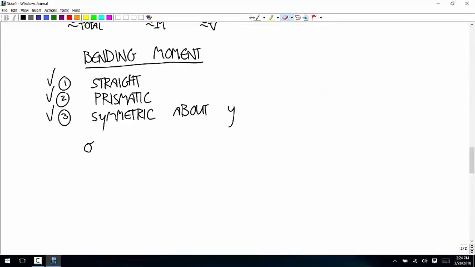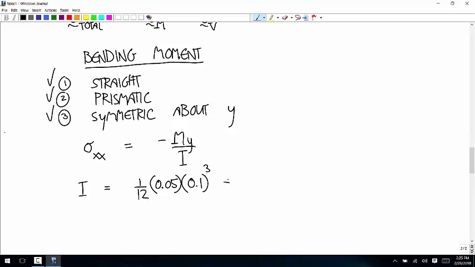Okay, so sigma XX is equal to negative My over I. The area moment of inertia is 1/12 times the width of the base, 0.05, times the height, 0.1 cubed.